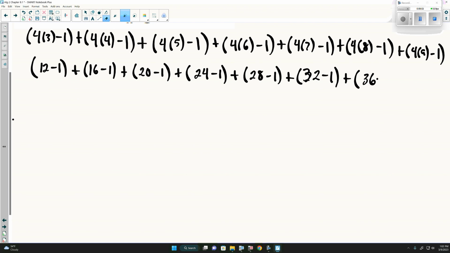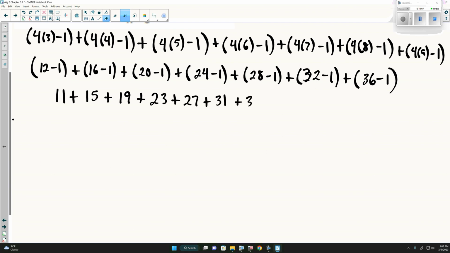And 4 times 9 is 36. Then if we simplify this here, we'd get 11 plus 15 plus 19 plus 23 plus 27 plus 31 plus 35.